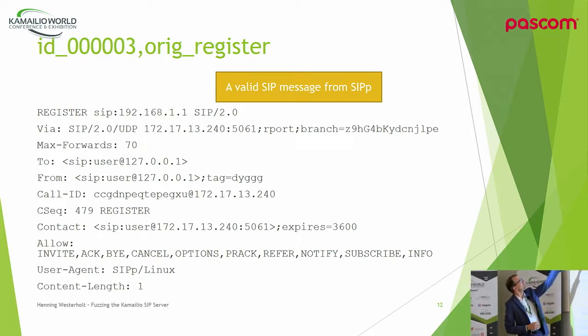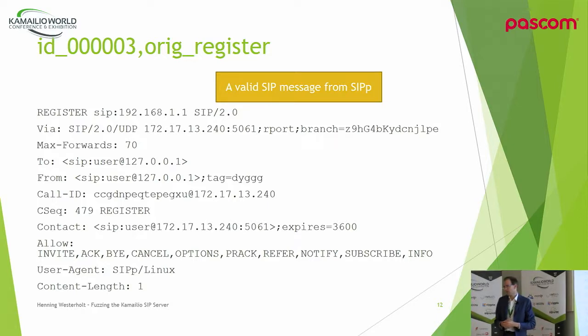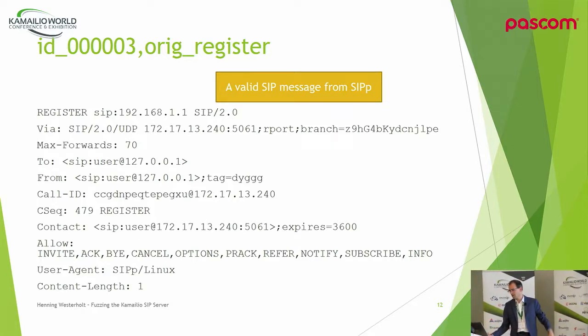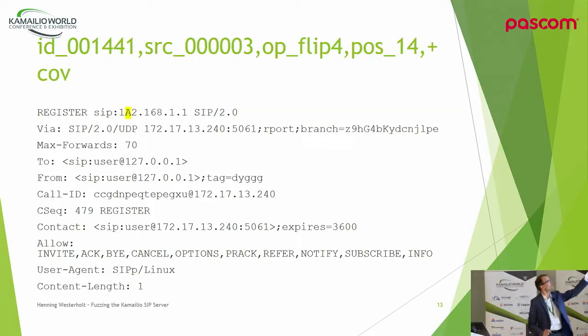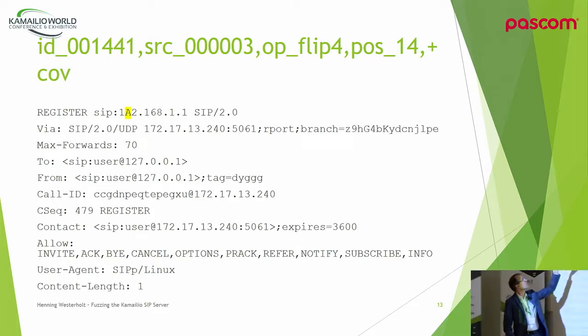You see here the ID in the first line of the slide, ID 3, and then in the next 20 slides or so, I will show how the fuzzer will iterate and modify the messages and try the different cases in the parser. So this is now a second step, ID 1441. The source ID was 3, so it's source, and then the actual ID.